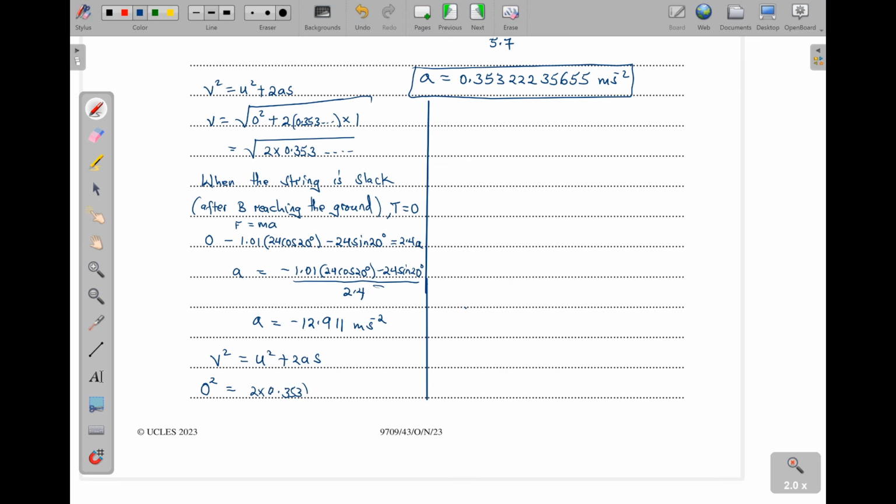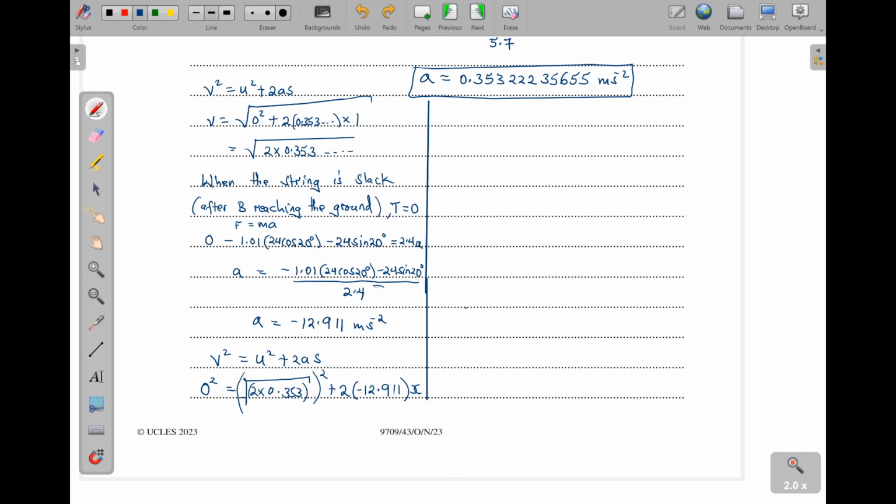So I'll get 2 times 0.353, under the square root, of course now we square it. Okay, so that is that, and then plus 2 times our a, which is negative. It is expected to be negative because the particle is decelerating, it is coming to 0. Okay, so what is that? x. Then I can bring this side, it will be positive.